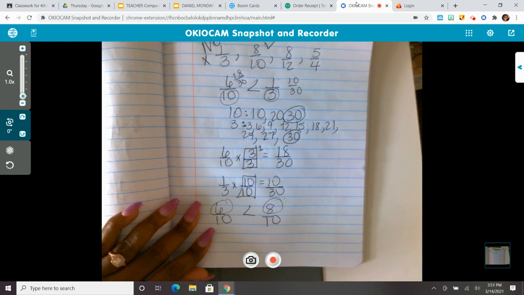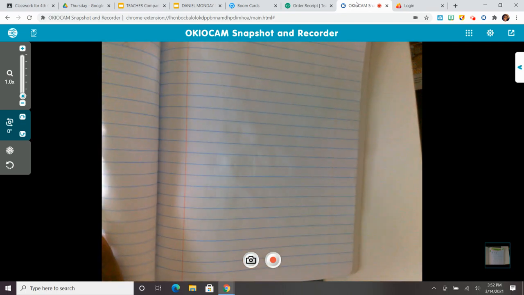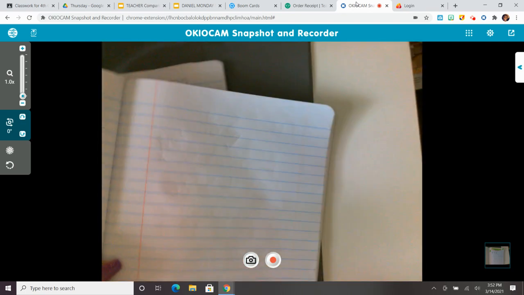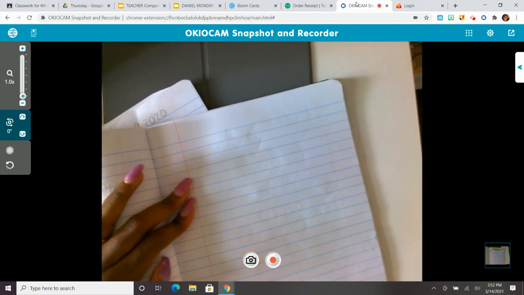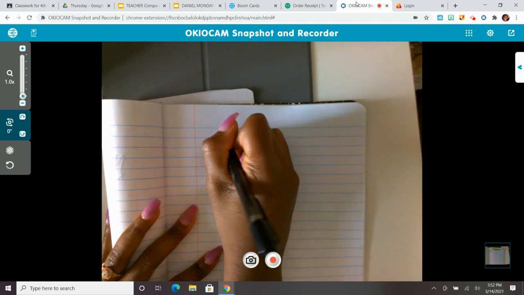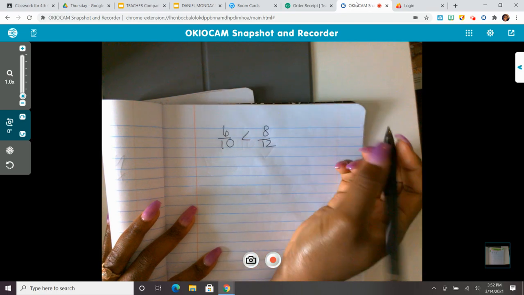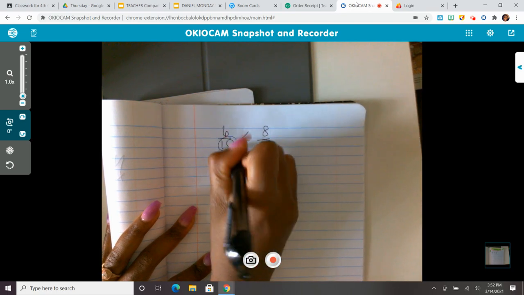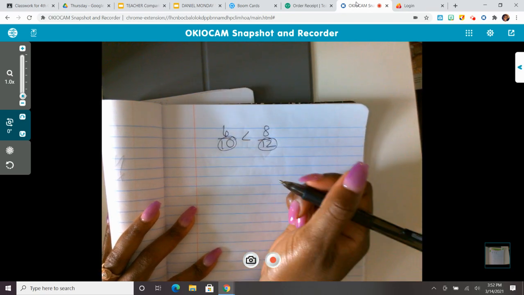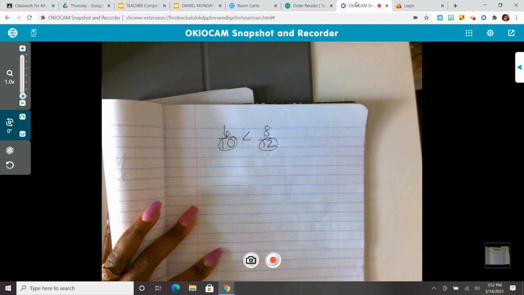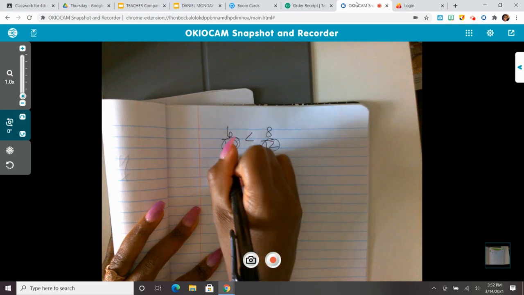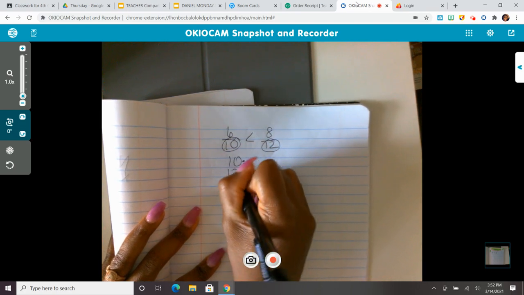Now we're going to compare 8/12 to 6/10. It says 6/10 is less than 8/12. All right. So we have to find common denominators. Since we're going to go up, let's see, 10 and 12.